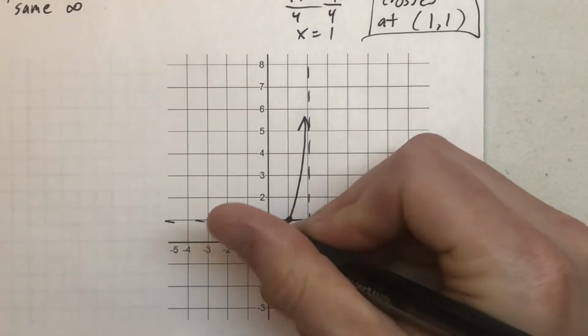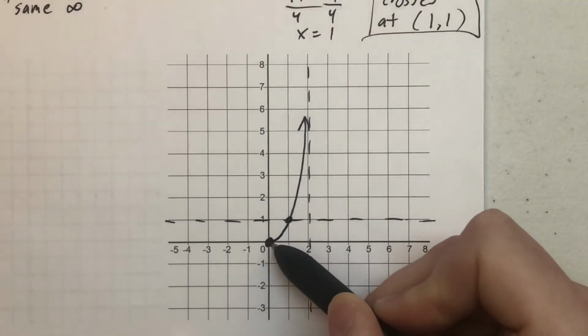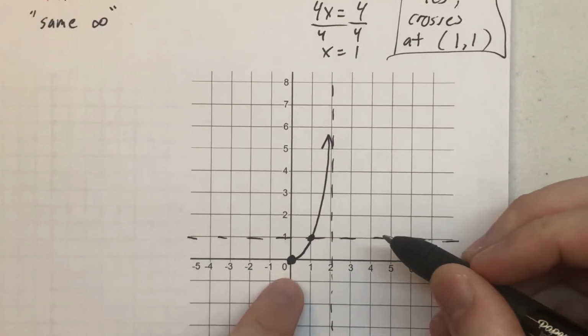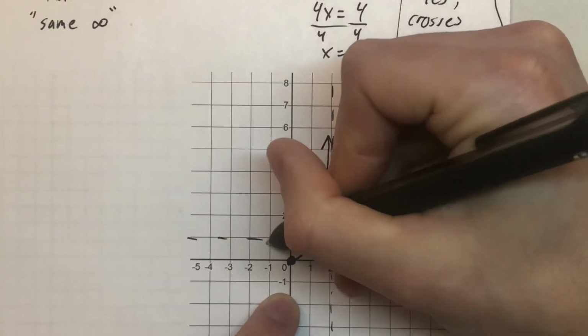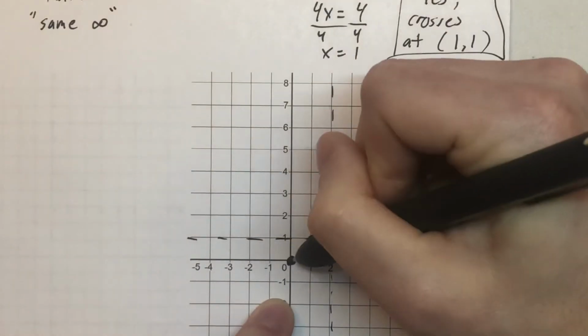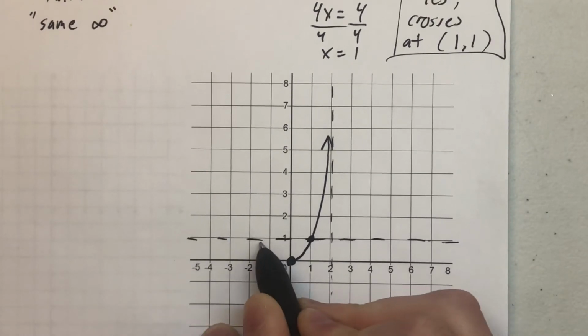Now going to the left of this point, it is actually because of that multiplicity of 2 that we have for this one point, 0, 0, that it bounces off of here. Now, to bounce off this point, it doesn't just go up and off like that, like a parabola. Because if it did, we would have another place it would have been crossing this asymptote. We would know it.